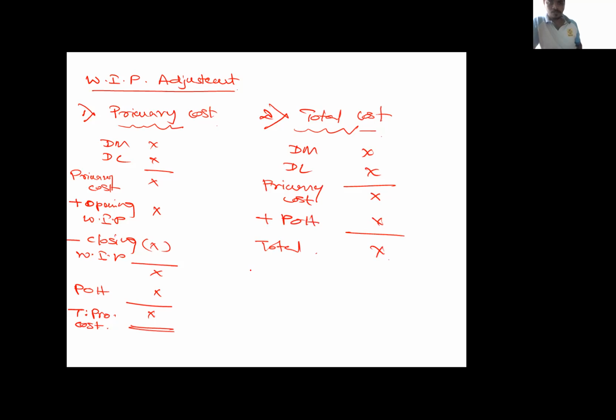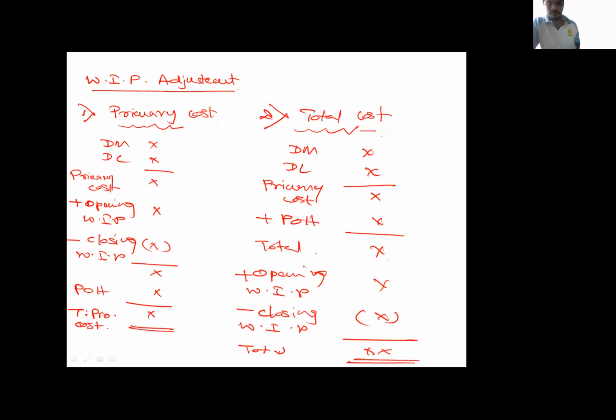Then here we need to add opening work in progress and deduct the closing WIP. Okay, then the answer is known as total manufacturing cost.